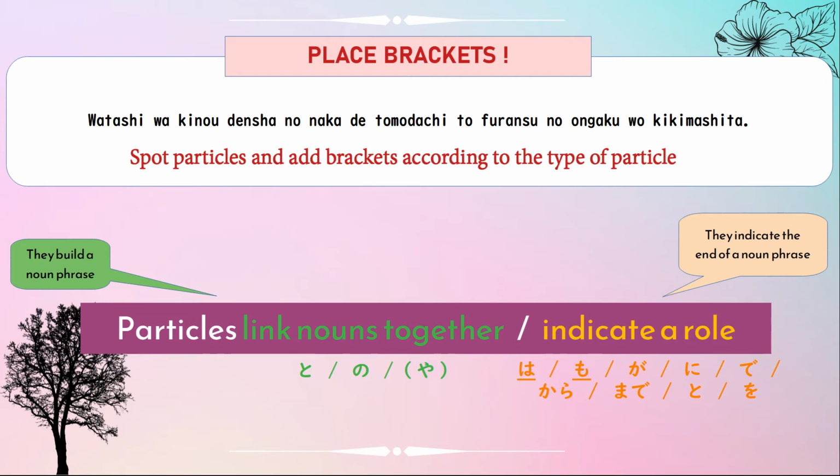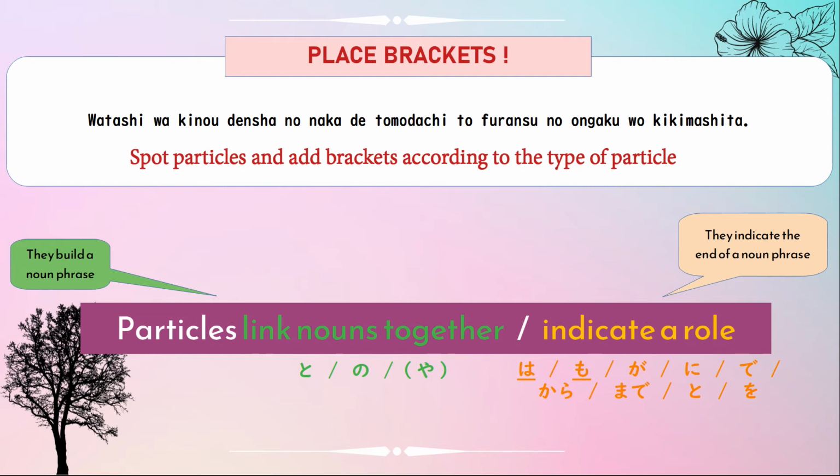It means that if you have the "to" that means "and", or the "no" particle, then you don't add a bracket because your noun phrase is not over. "To" and "no" indicate that the noun phrase is not over because they link nouns together.